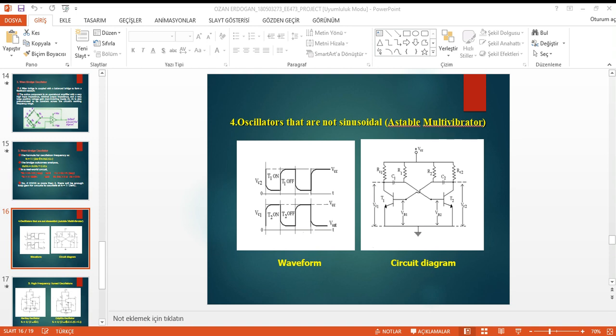If differences in timing relative to the circuit shown are to be minimized, the pull-up resistor should be as low as possible. This picture shows the non-sinusoidal waveform and the circuit diagram.